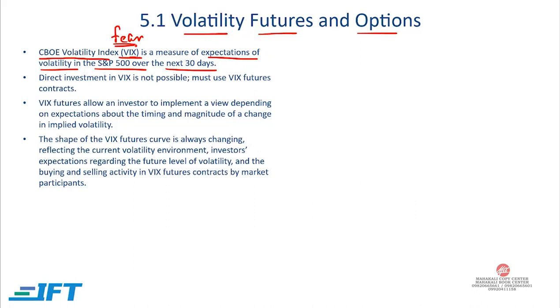This is called the fear index because when there is concern about the stock market or there is fear that the stock market might go down, the volatility increases. This is the implied volatility which increases, which means that the VIX index goes up. Now, this implied volatility is calculated based on options on the S&P 500 index.